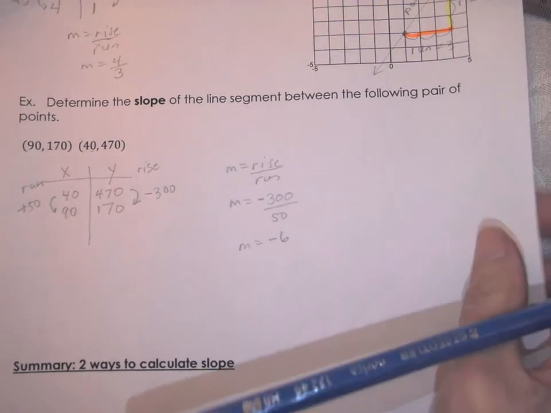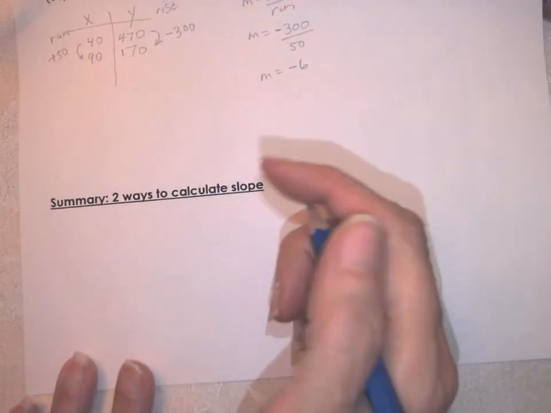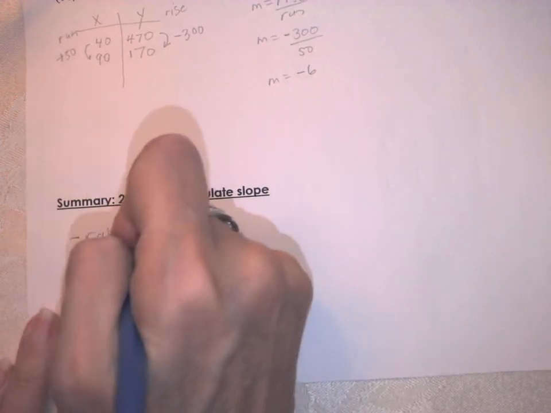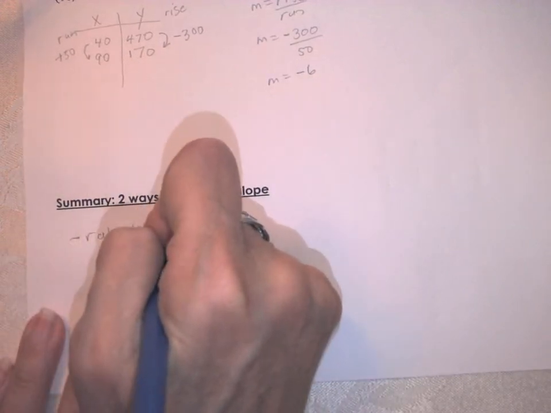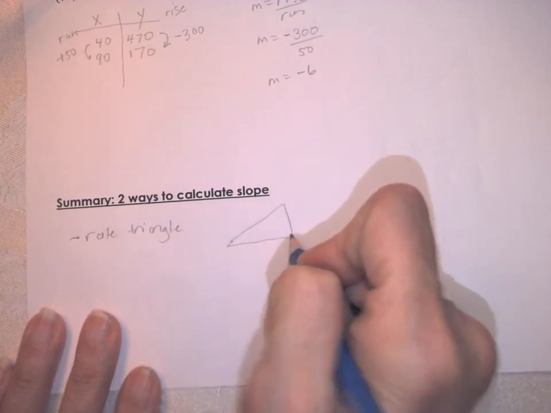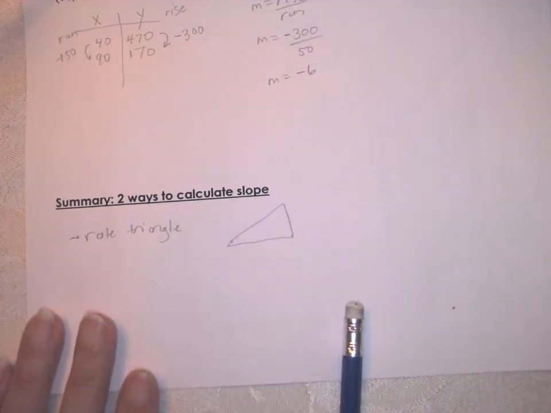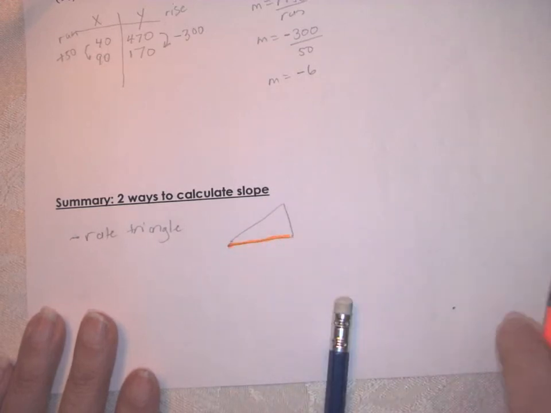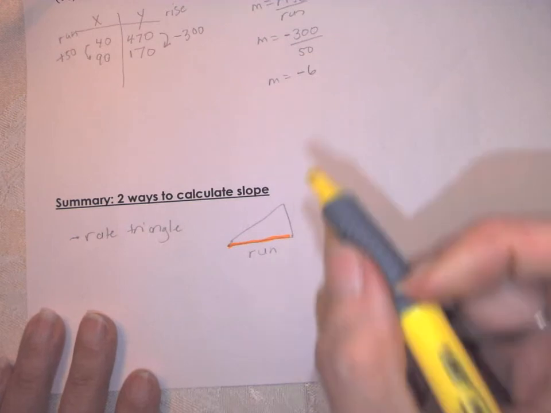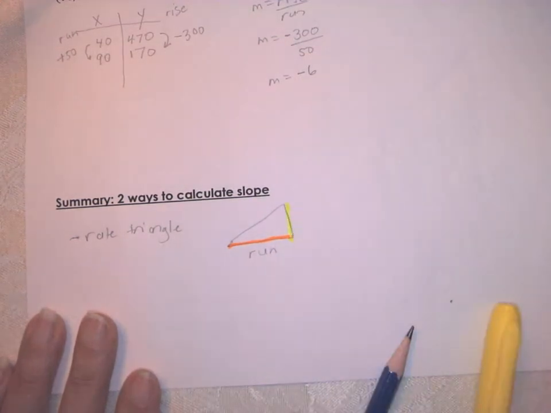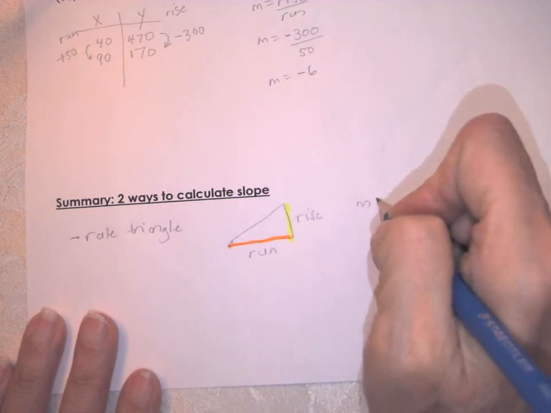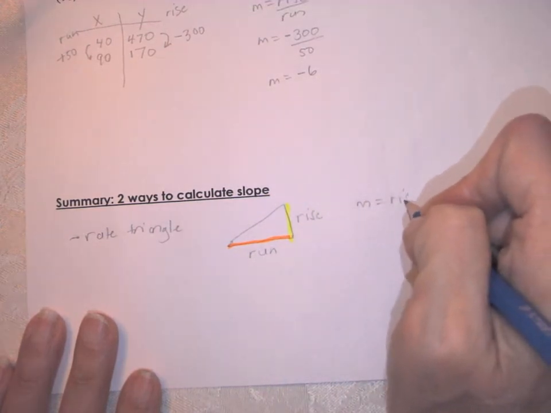Okay, so summary then, 2 ways to calculate slope. So you can use a rate triangle where you find your run and your rise, and use the formula slope is rise over run.